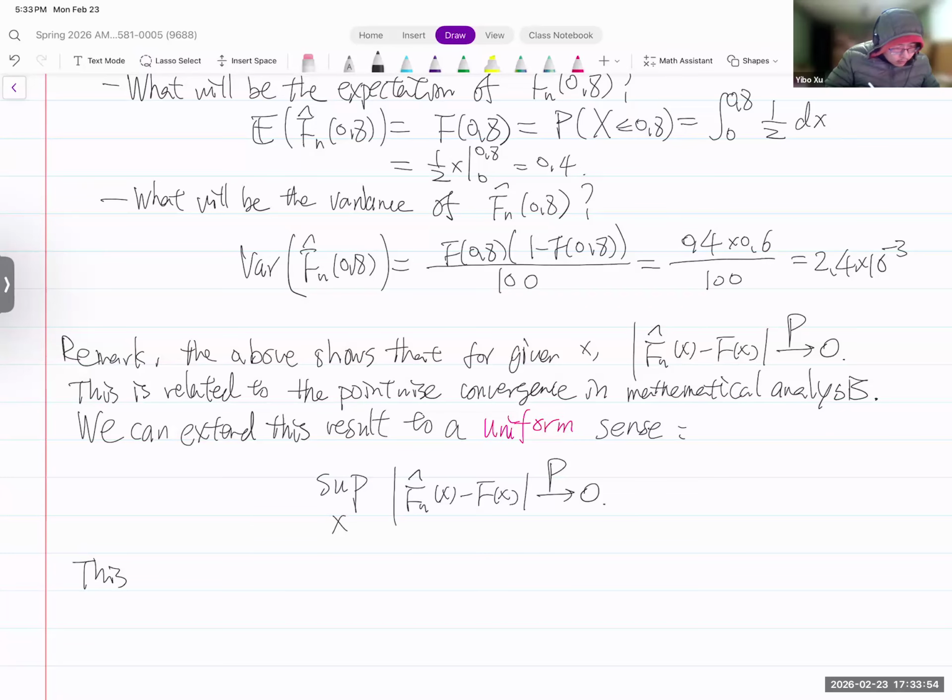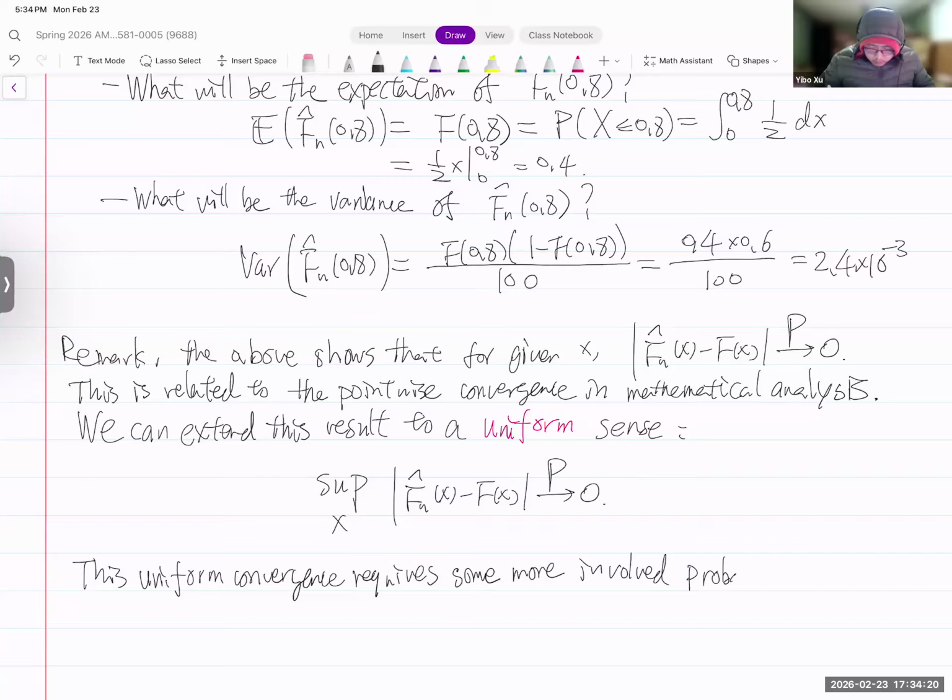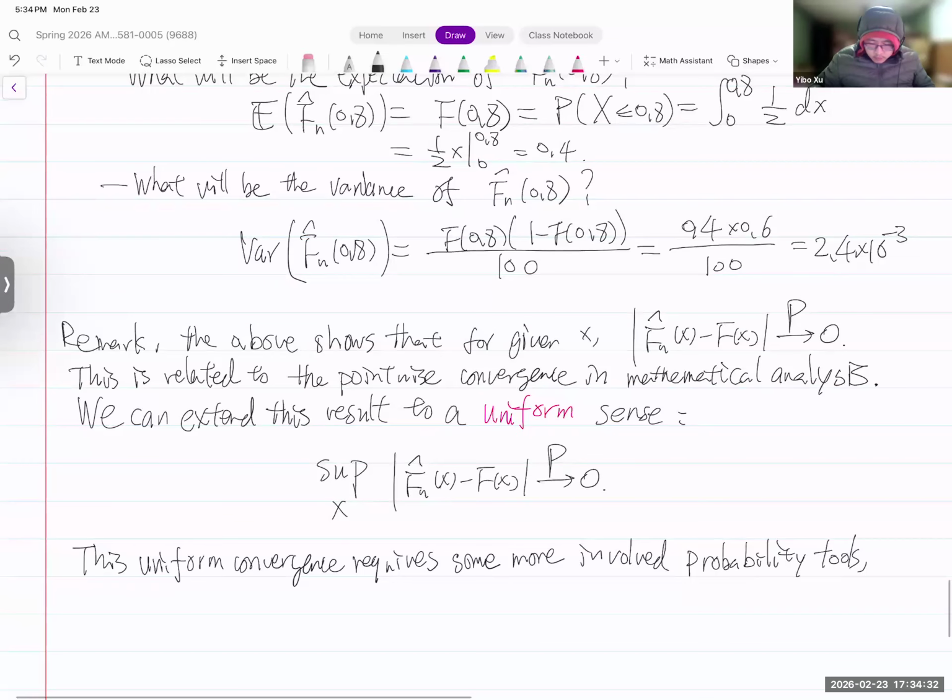This uniform convergence requires some more involved probability theory tools, which we will not go over.